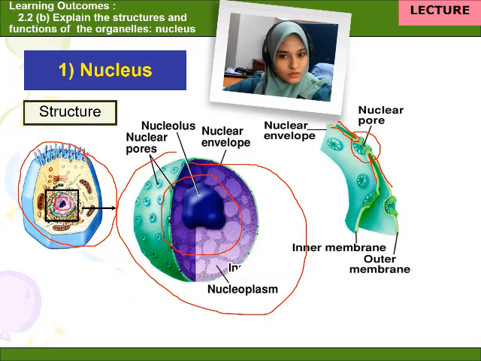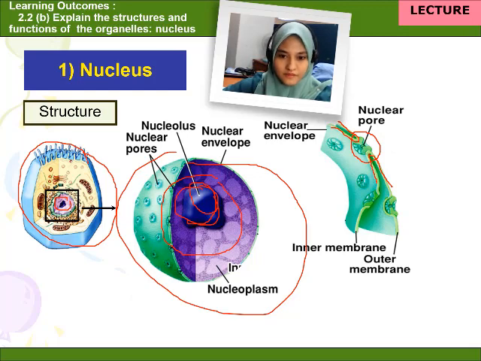So what is nucleolus? This part here is also spherical in shape, but it is non-membranous. Compared to the nucleus, which has a double membrane, the nucleolus doesn't have a membrane, and it contains DNA, RNA, and protein because it is a site of rRNA synthesis.